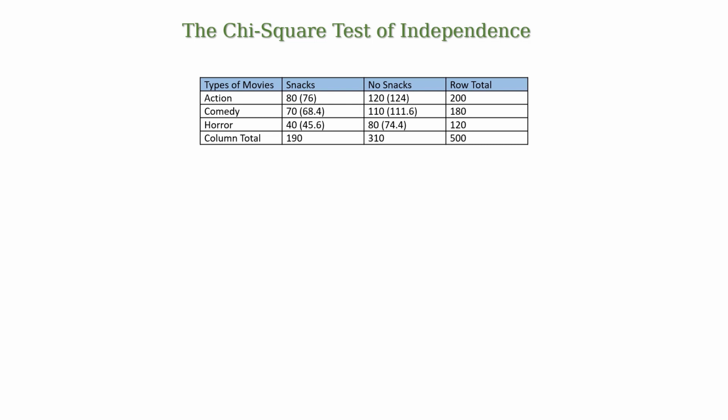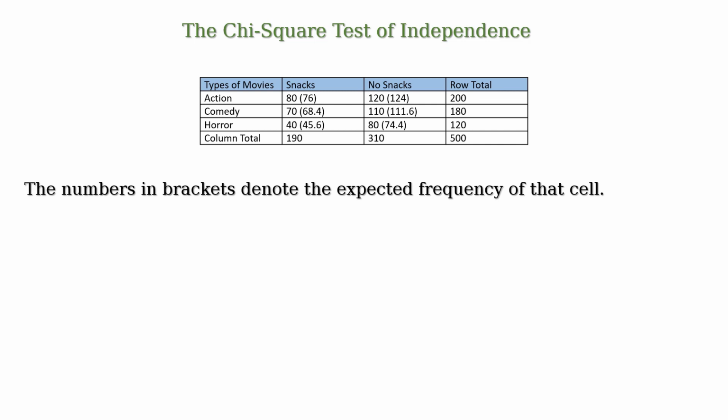Similarly, we can calculate the expected frequencies for all other cells. After calculating the expected frequencies of all the cells, the contingency table looks like the following. Please note that the numbers in the brackets denote the expected frequency of that cell.